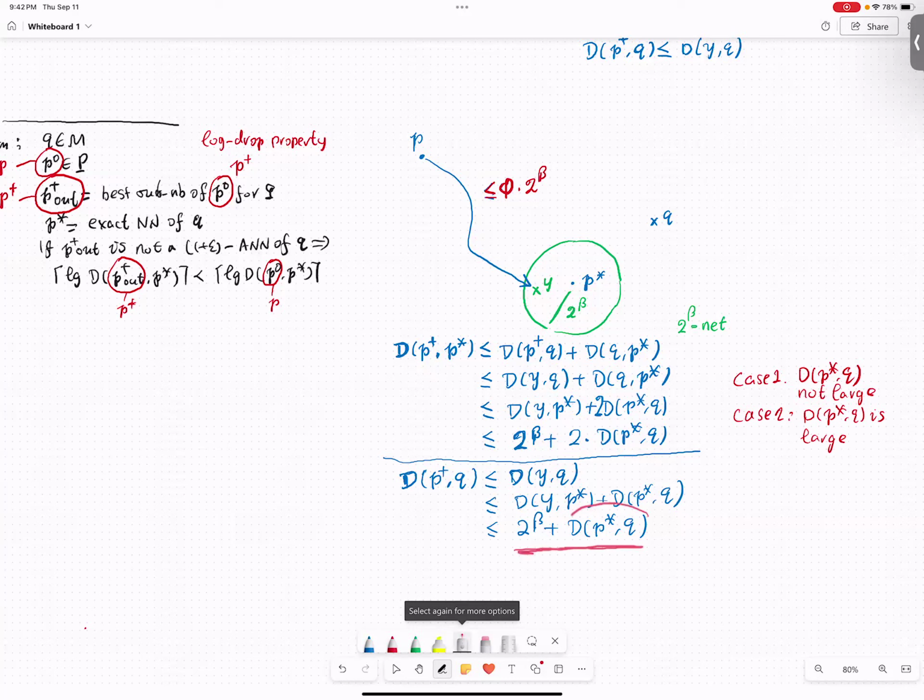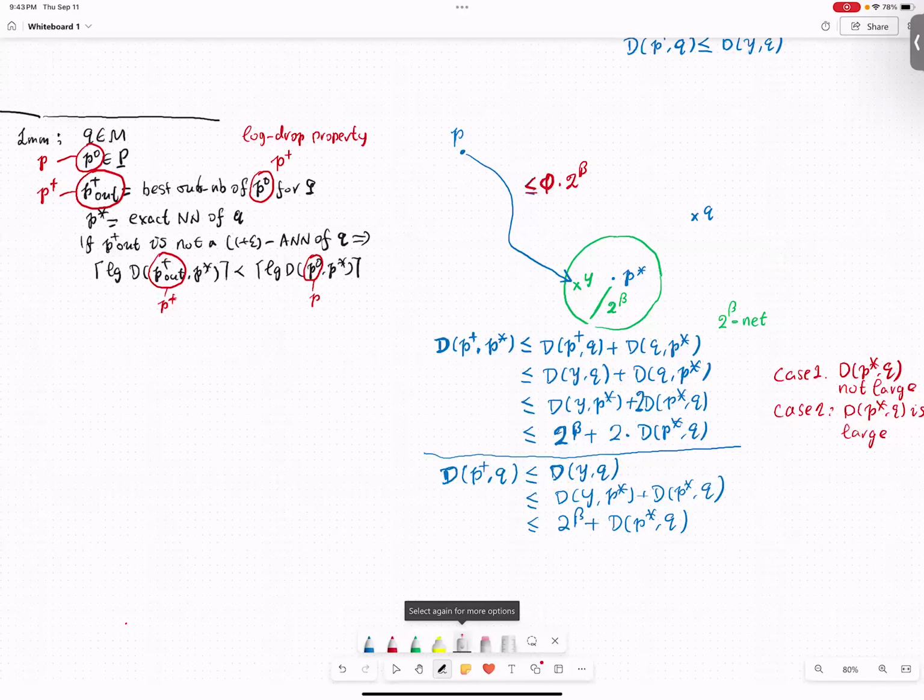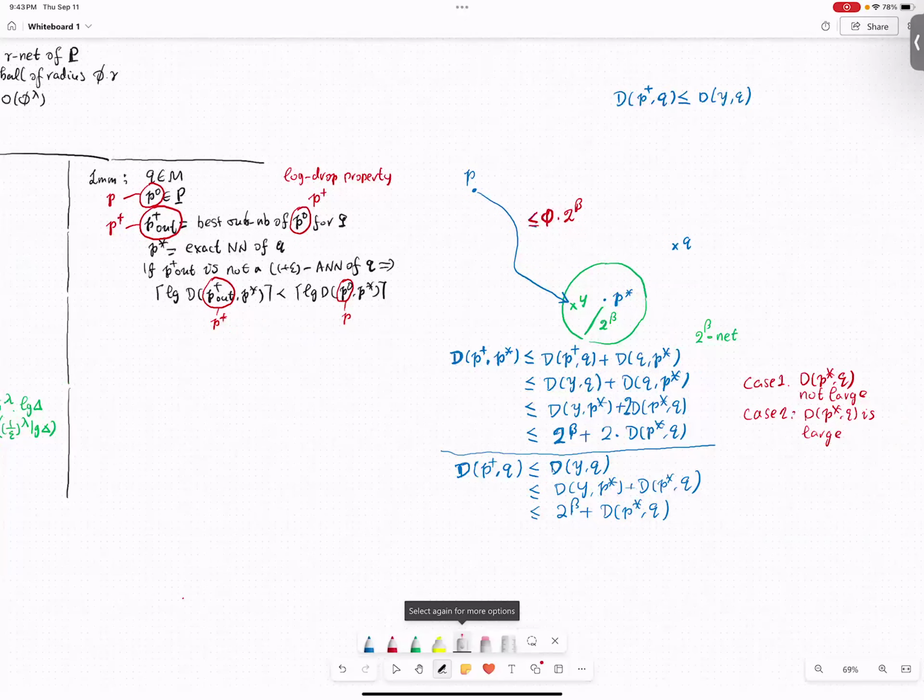If this term is quite large with respect to 2 to the power of beta, then in this case, because we have an upper bound on the distance from P plus to Q, we will argue that P plus is going to be a 1 plus epsilon ANN. So this gives you the main ideas behind the proof.